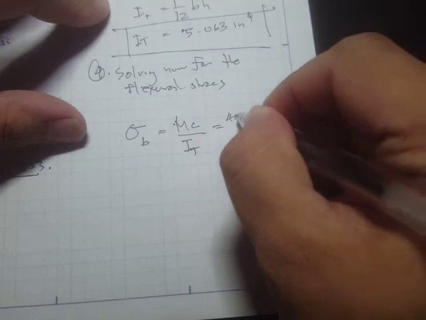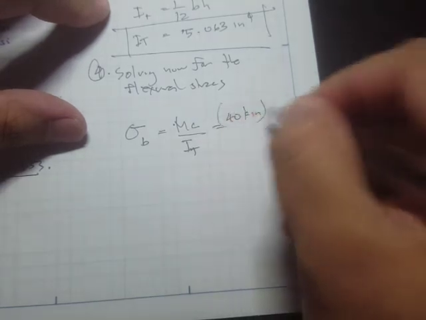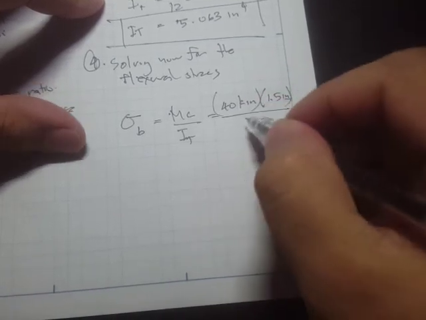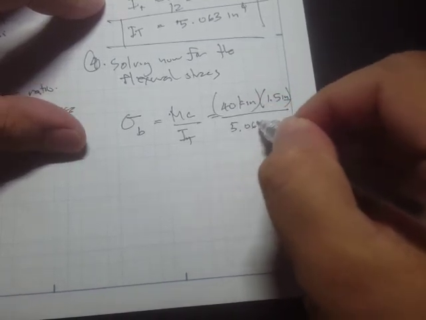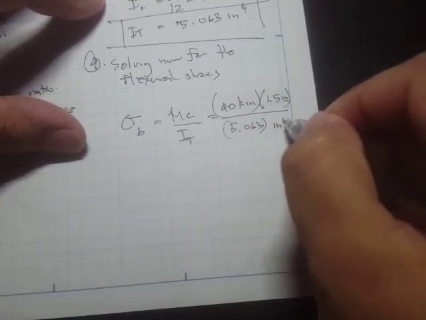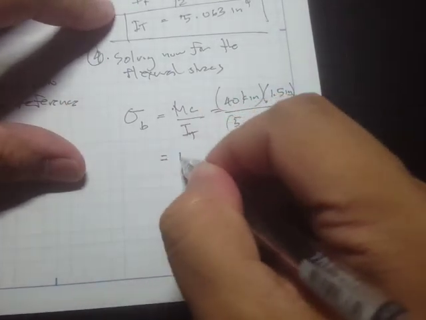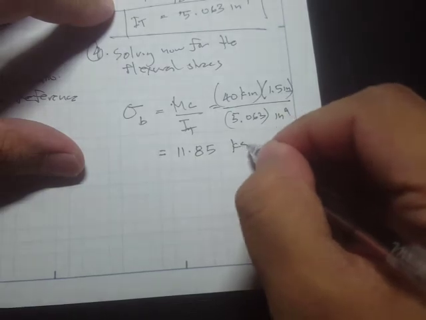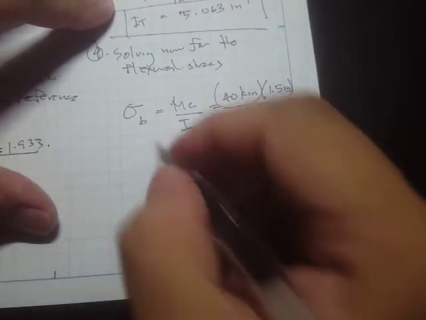So let's write it here: 40 kip-inch times 1.5 inch divided by 5.063 inch to the fourth. The value is 11.85, and the unit is ksi because this is in kips.